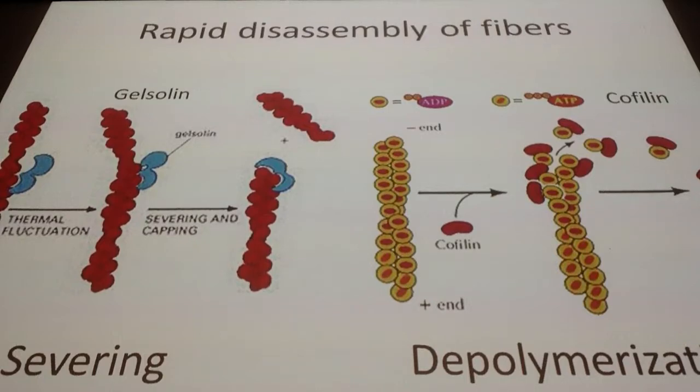So going back to the capping protein, the capping protein prevents polymerization or depolymerization, but it doesn't prevent severing. Does that make sense? So disassembly can still occur if you have a capping protein at the plus end, right? But disassembly in that case has to occur through severing and not depolymerization.